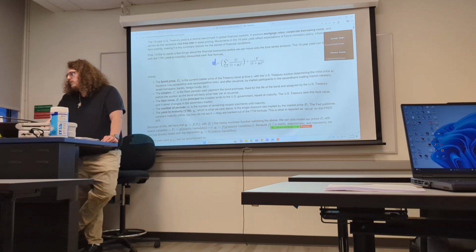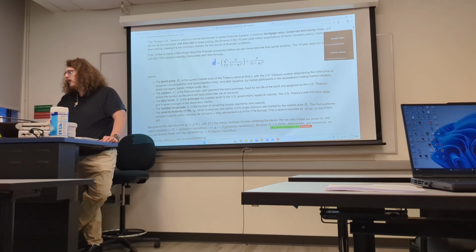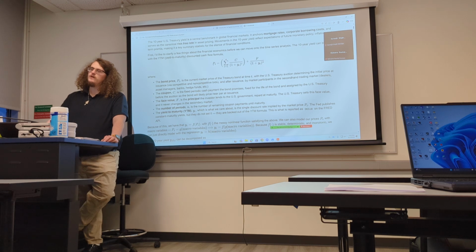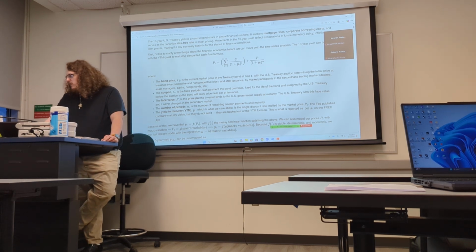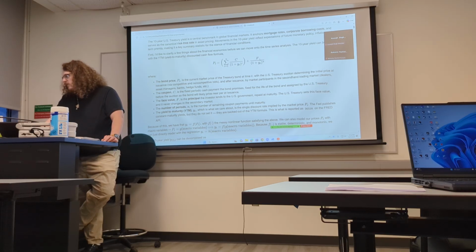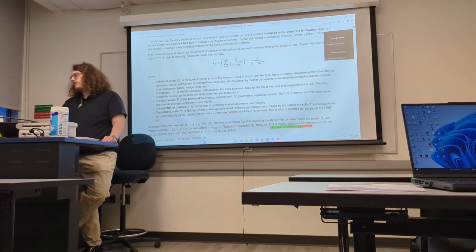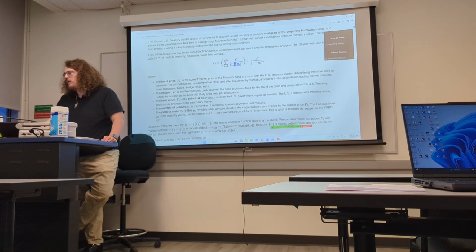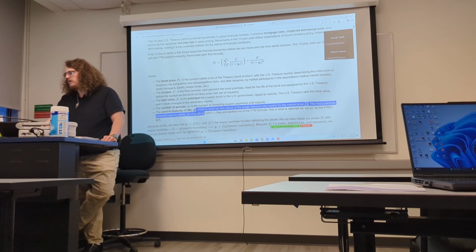This is a bit of the financial background. You have the actual bond price sold either in the Treasury auction or in the secondary market, and then you have a sum over all of the different coupon payments, and then you have the face value, and both of these are discounted by this yield to maturity here.